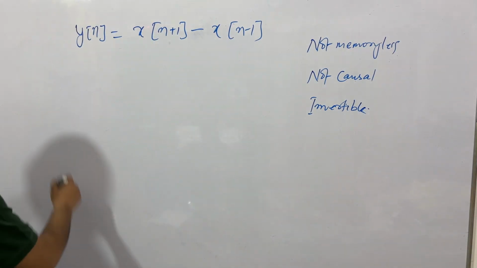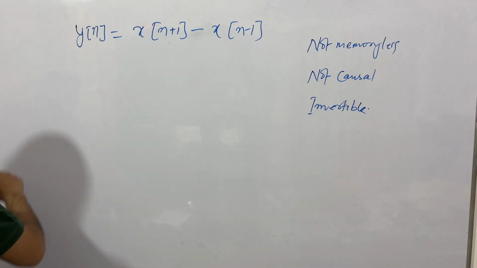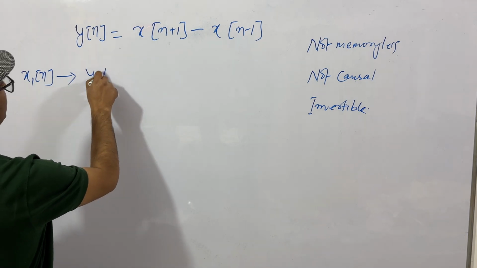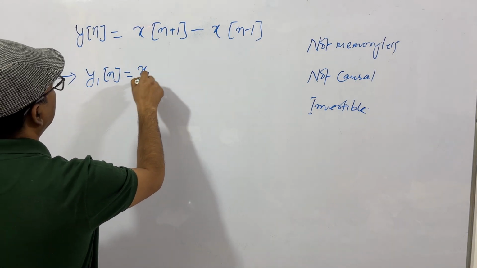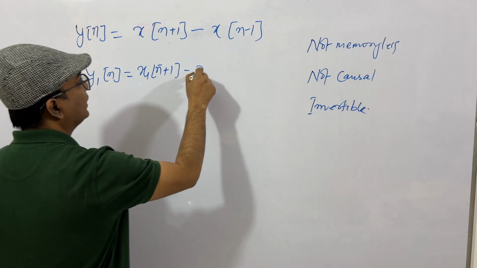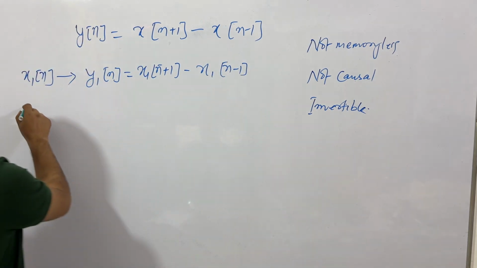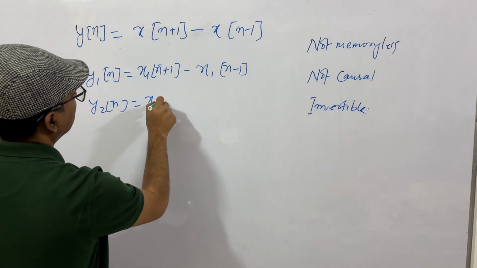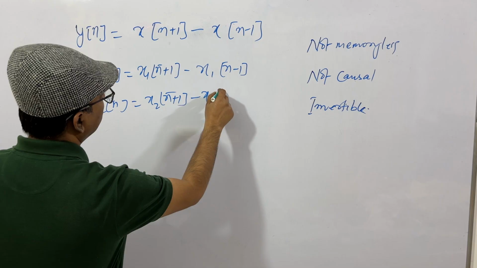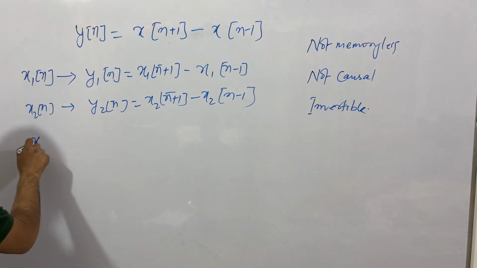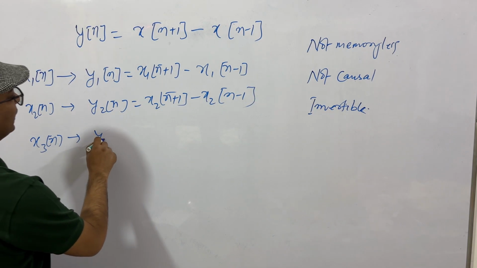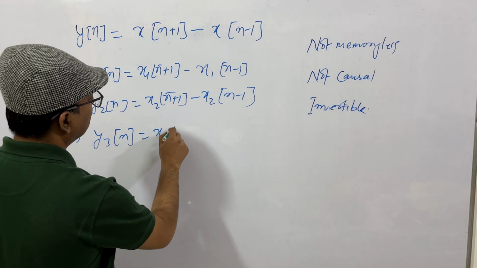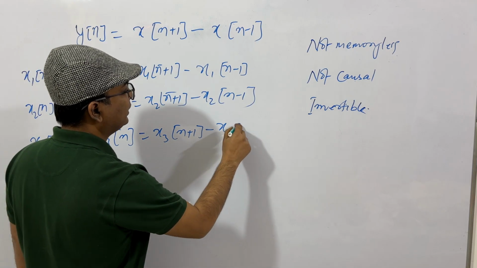Next, let's see. Is it linear or not? We will start with our known approach. x1(n) gives y1(n), which is equal to x1(n plus 1) minus x1(n minus 1). x2(n) gives y2(n), which is x2(n plus 1) minus x2(n minus 1). x3(n) will give y3(n), that is x3(n plus 1) minus x3(n minus 1).